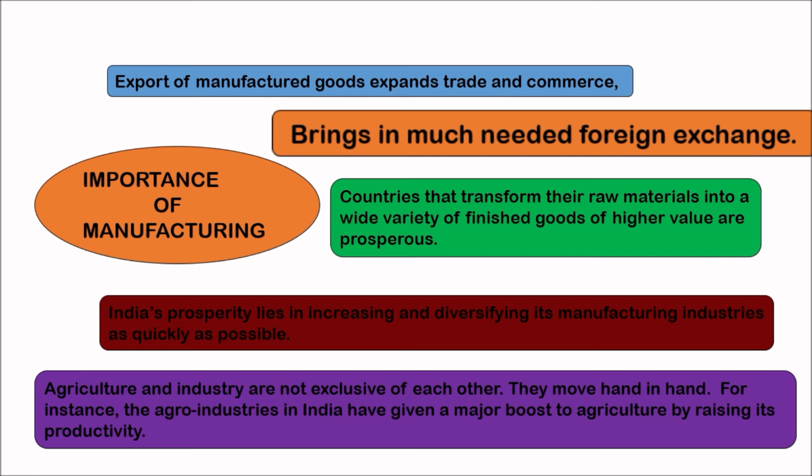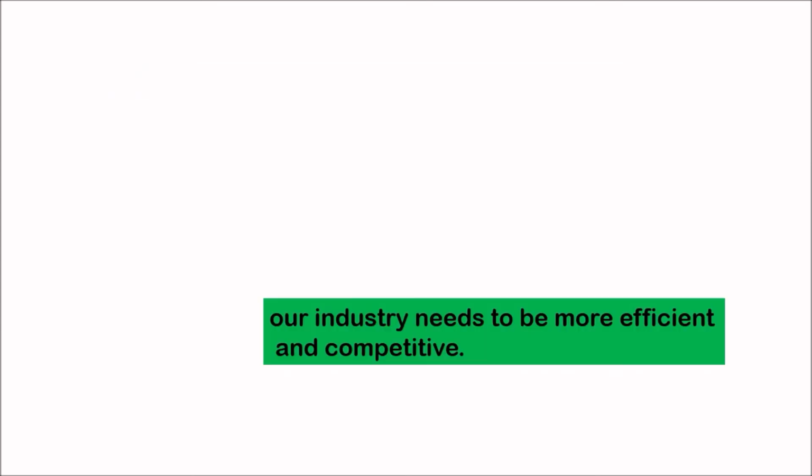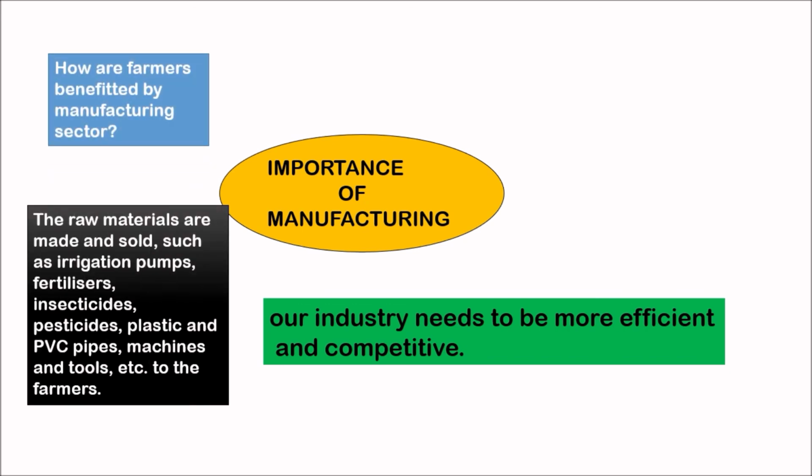How are farmers benefited by the manufacturing sector? We always assume that farmers are not benefited by the manufacturing sector, but as I told you earlier, the raw materials are made and sold. The requirements, the equipment such as irrigation pumps, fertilizers, insecticides, pesticides, plastic and PVC pipes, machines and tools, etc. These all are the tools which are used by the farmers for doing agriculture.